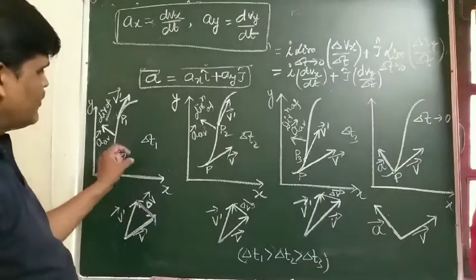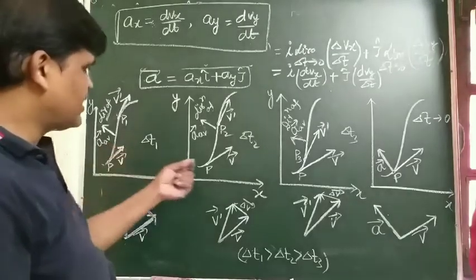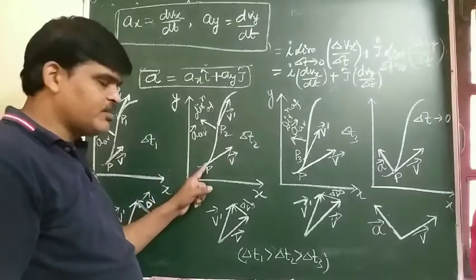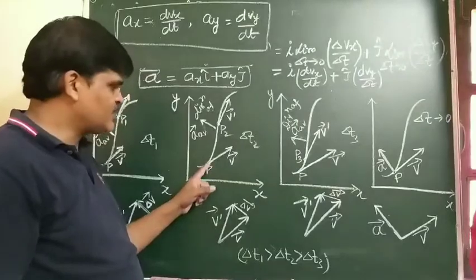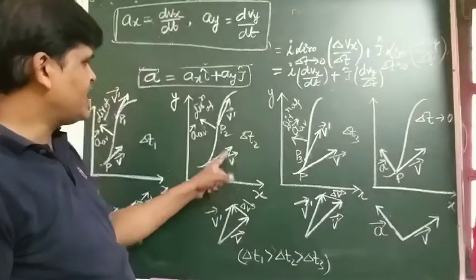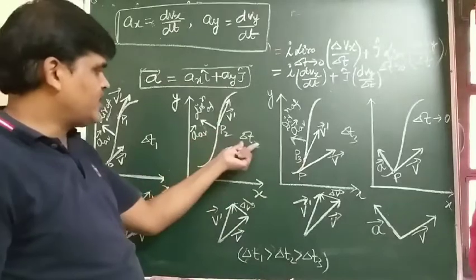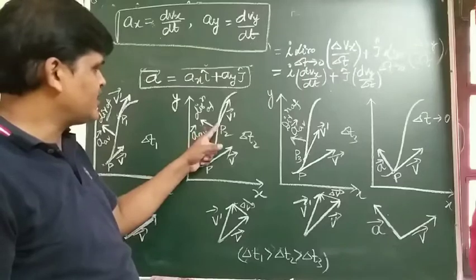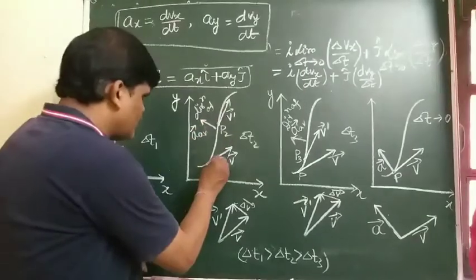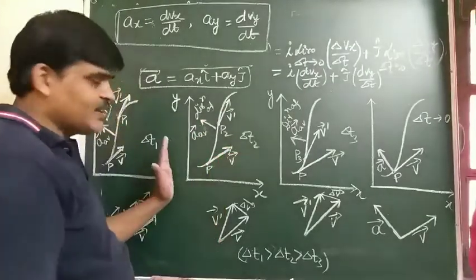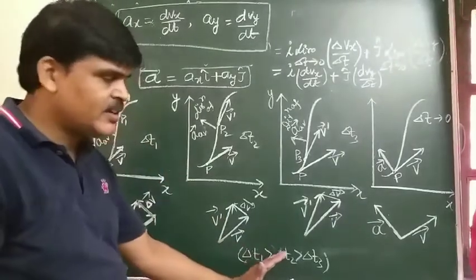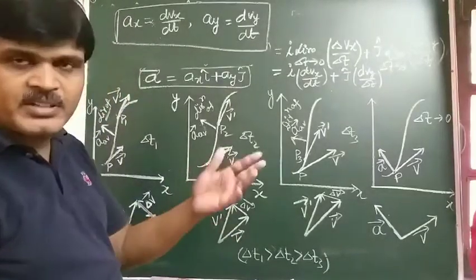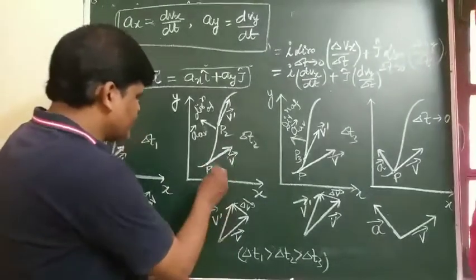Now when the time delta t decreases, the position of the object is P, and its direction of velocity is vector v, and after time delta t2, the position of the object is P2, and its direction of velocity is shown by vector v. As the time delta t decreases, the direction of the average velocity changes, so the direction of the average acceleration will also change.